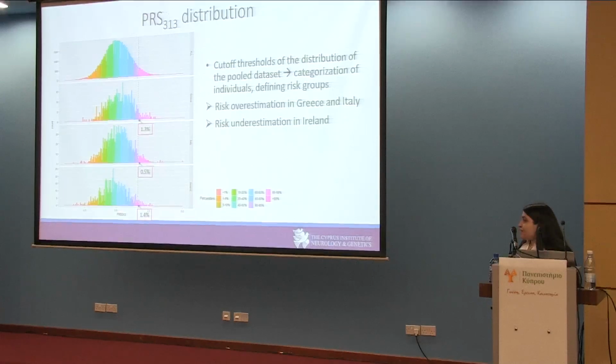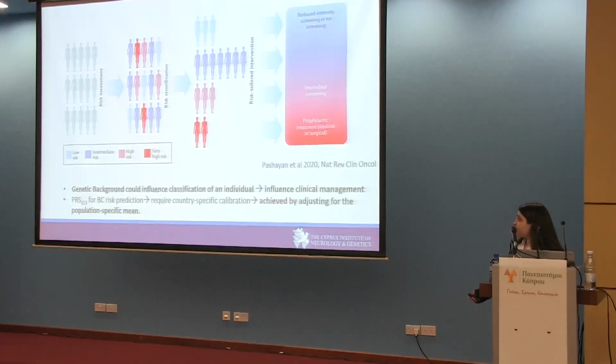While in contrast, about 1.4% additional women from Ireland will be incorrectly classified in the moderate risk category instead of the high risk category. Therefore, we see that there is a risk overestimation in Greece and Italy, and risk underestimation in Ireland.